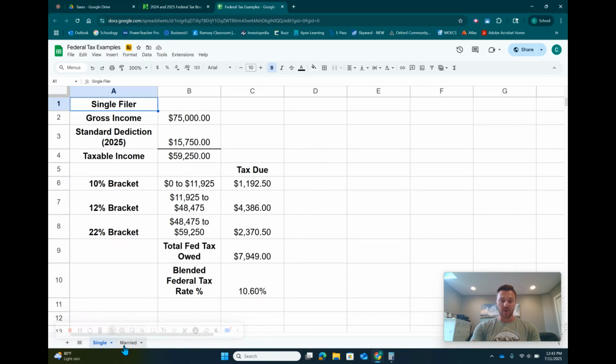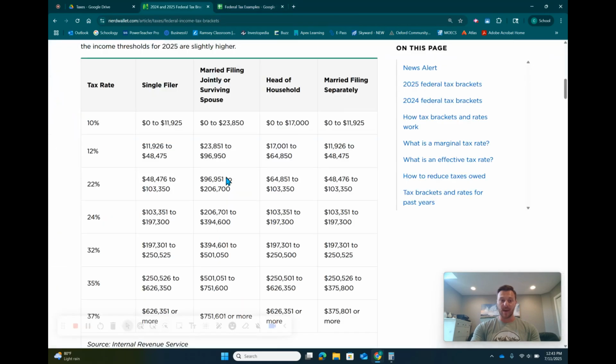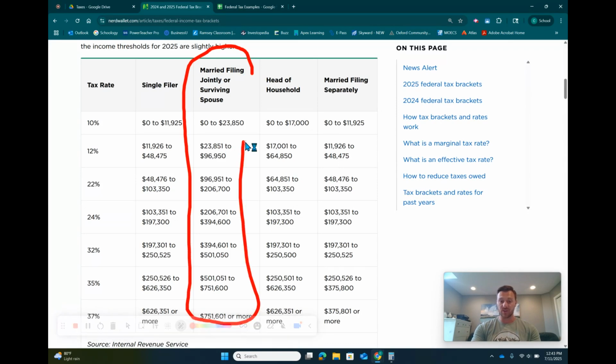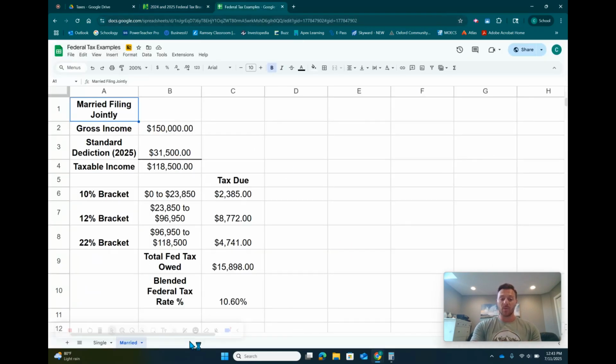Okay? So here, I have a married filing jointly example. So now if we go back here, we are using this column with some different income numbers, which is important. That is important to understand. You can't use the single brackets, you're filing married. So let's assume, I don't care how, but the married couple makes $150,000 together as a household.